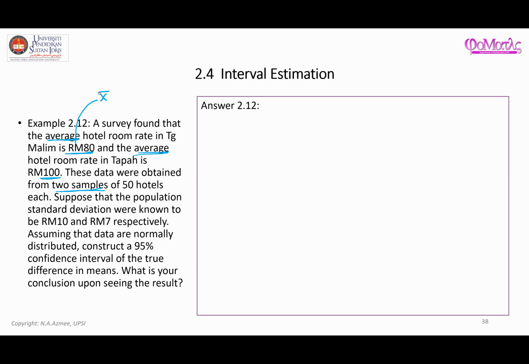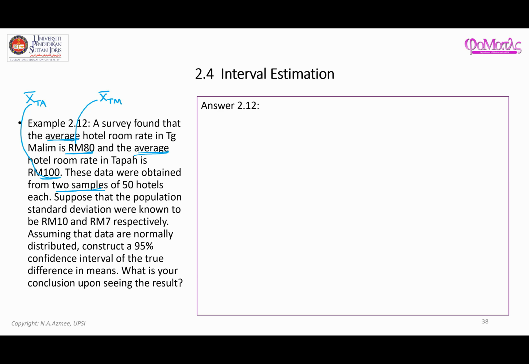So this is x bar. It is not mu, it is x bar, okay? And similarly for this one, it is also the value of x bar. Now we are just going to be more explicit and label it properly. This is the x bar for Tanjung Malim, so I'm going to write TM. And this is the x bar for Tapa, so I'm going to write down TA.